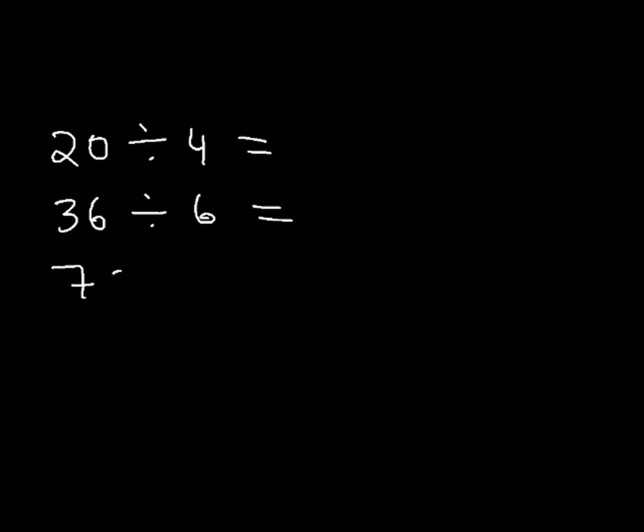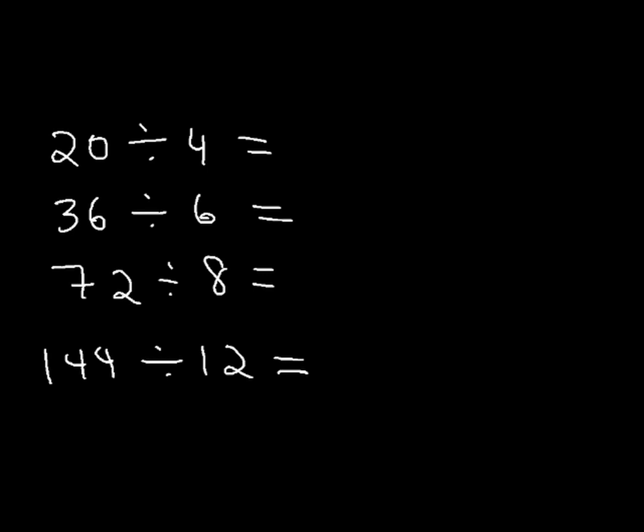So now it's your turn. Feel free to try the following problems. So 20 divided by 4, 36 divided by 6, 72 divided by 8, and 144 divided by 12. So go ahead, take a minute and see if you can find the answers to those questions.